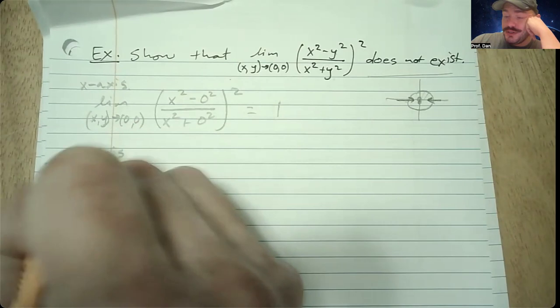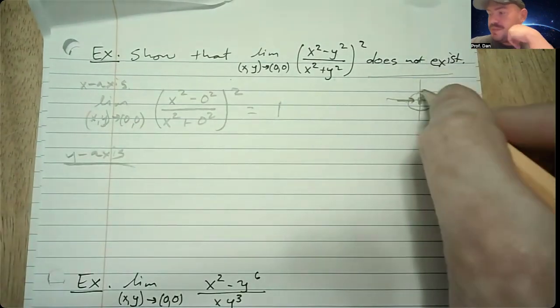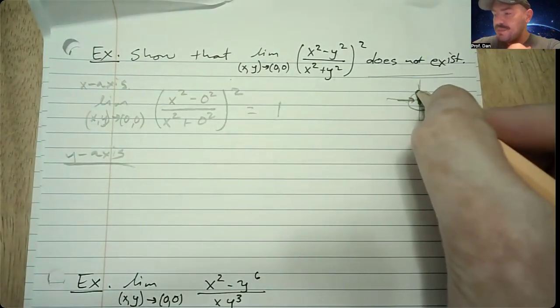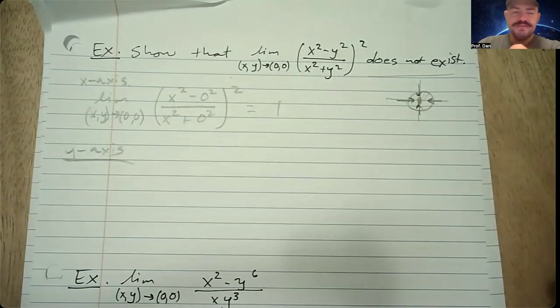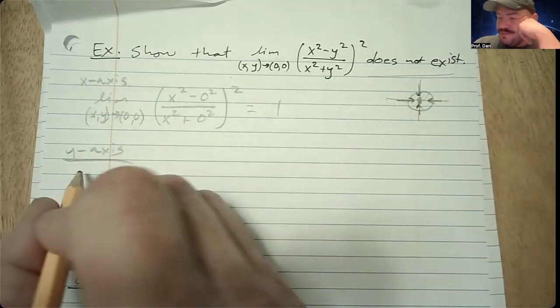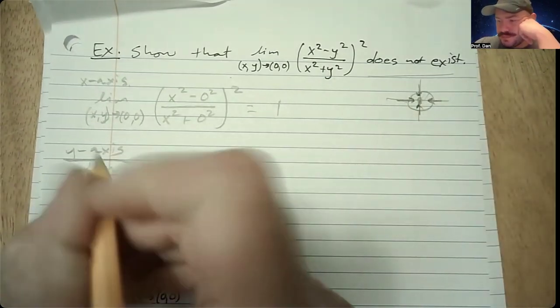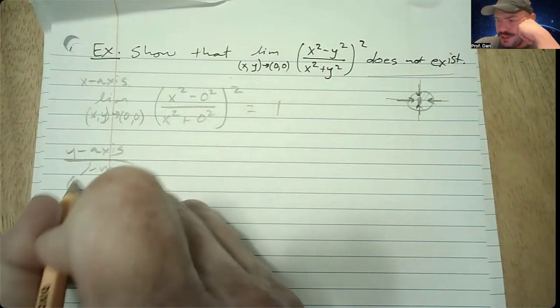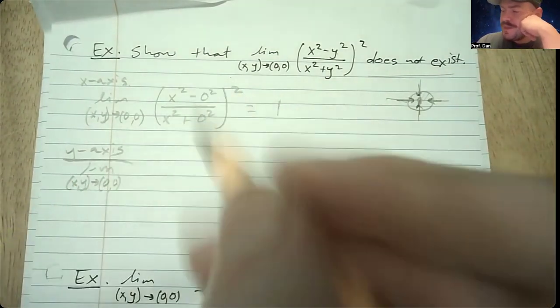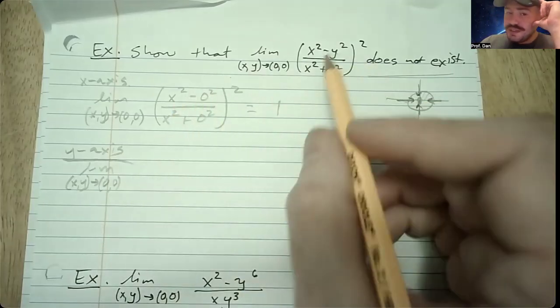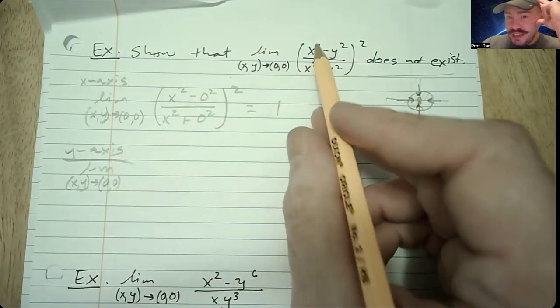Similar way, we could also look at the y-axis. This would be like if I were approaching the point from above and below on the y-axis. And if that were the case, we'd look at the limit as x, y approaches 0, 0 of basically this function, but now the x's are going to be 0.